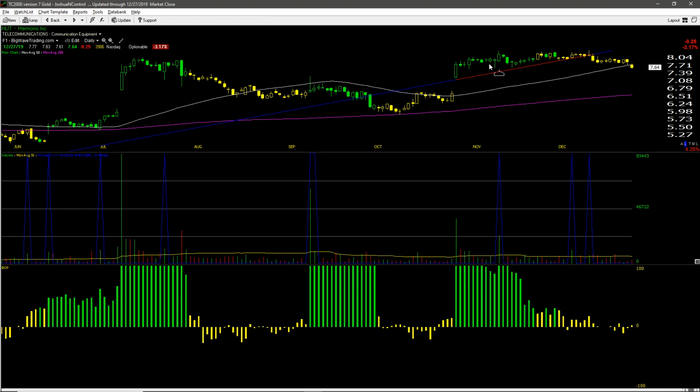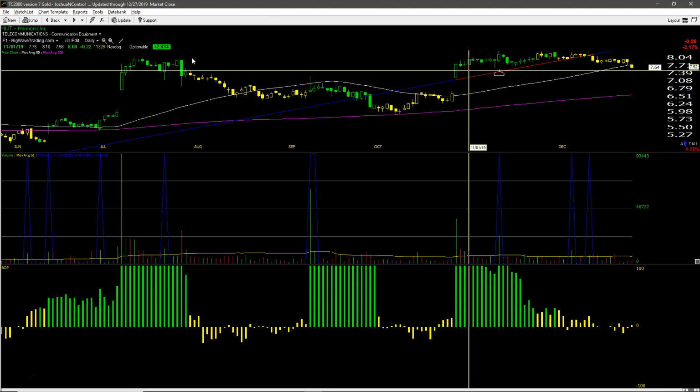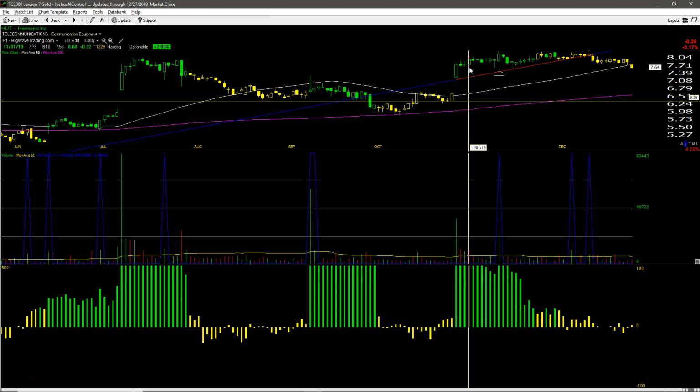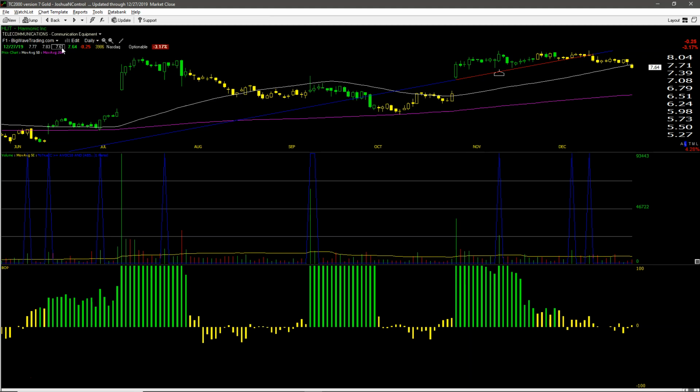We are closing at 7.64, which is above the low of 7.58, so it is not a 100% end-of-day sell signal. It's only a 50% end-of-day sell signal, which normally becomes a 100% once it closes below this low right here on an end-of-day basis, 7.58.